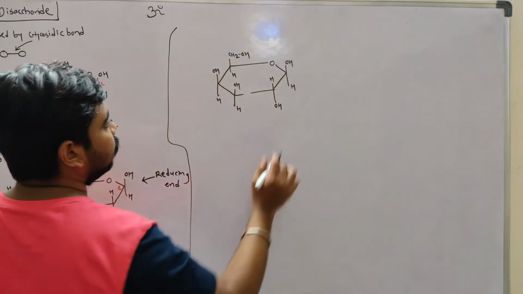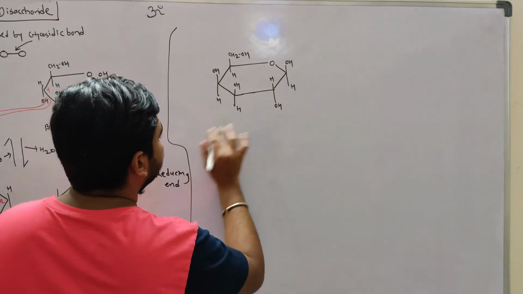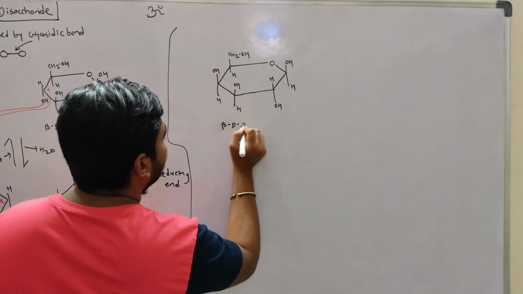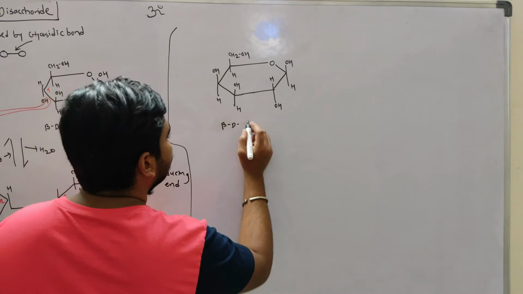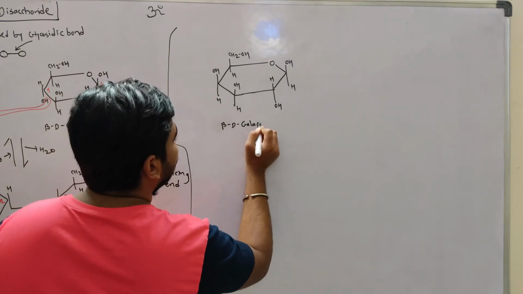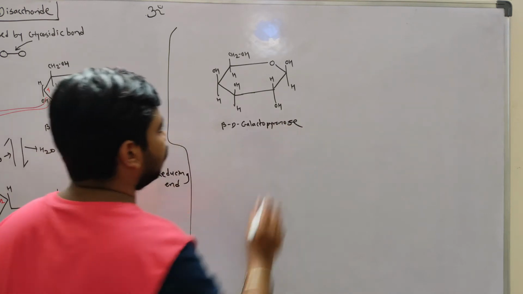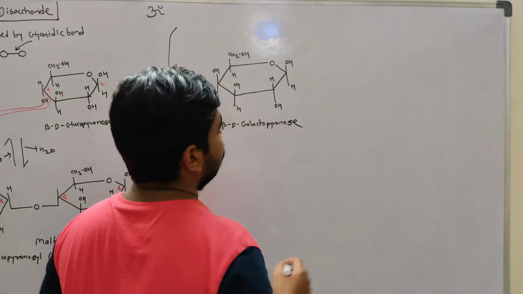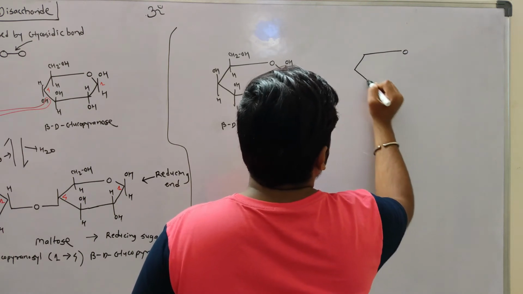OH is up, so this is beta D galactopyranose. It is attached with beta D glucose.